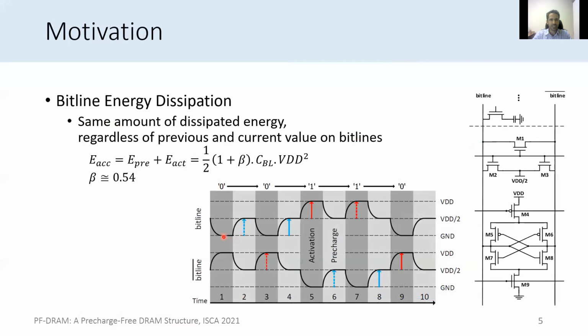For example, when the value on the accessed bit line was 0 in the previous activation, and its current value during the activation is 0 again, we need 2 extra charges of bit lines by half VDD, one here and another one here. The same condition occurs when we have 2 consecutive ones on our bit line.